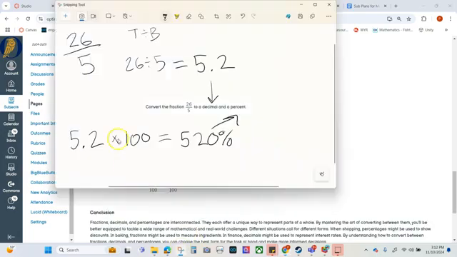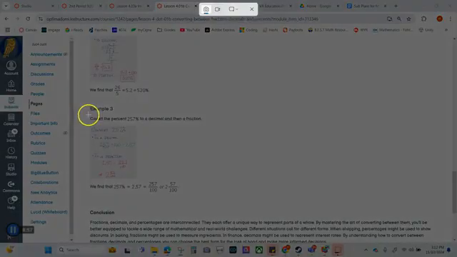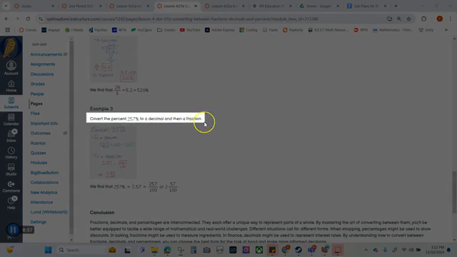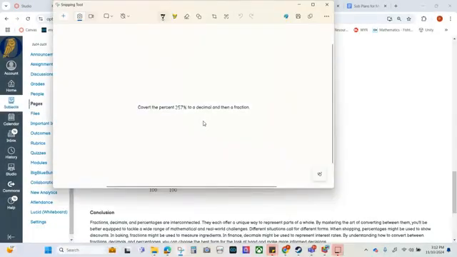Example 3. Convert the percent to a decimal and then a fraction. So, to turn a decimal into a percent, you multiply by 100. But to turn a percent into a decimal, we'll do the opposite.